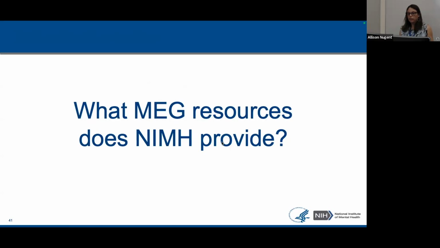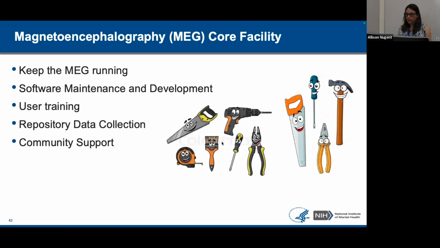So what MEG resources do we provide at the NIH? Apart from the research I've shown you, we keep the MEG system operational and all of our equipment upgraded. We do software maintenance and development. A huge portion of our time is devoted to user training.